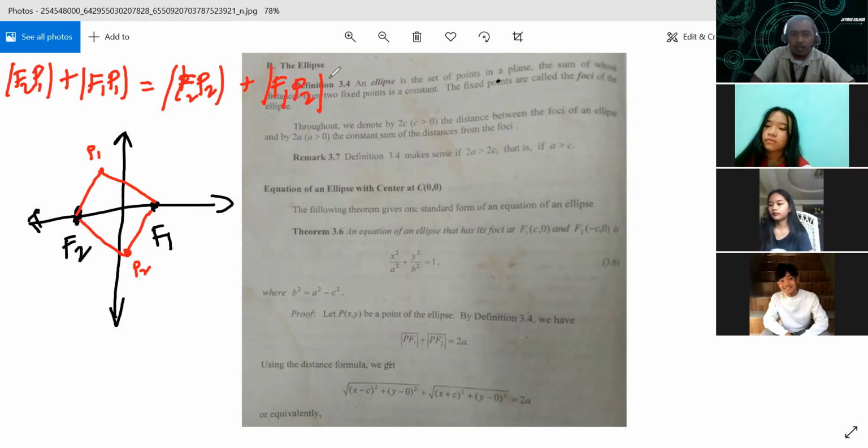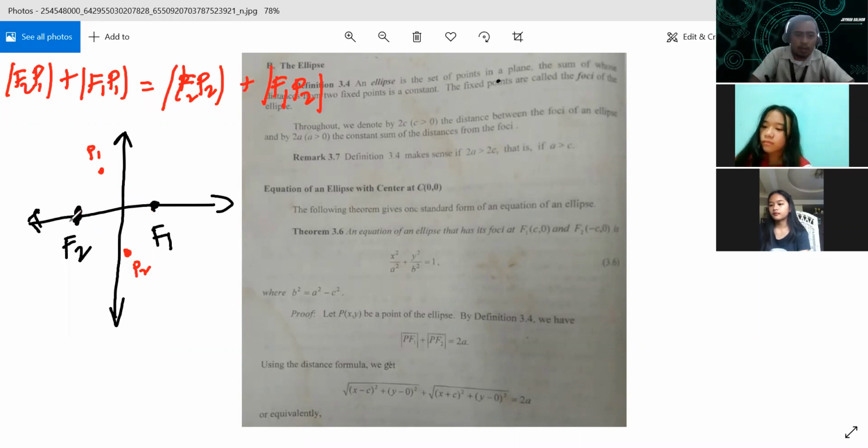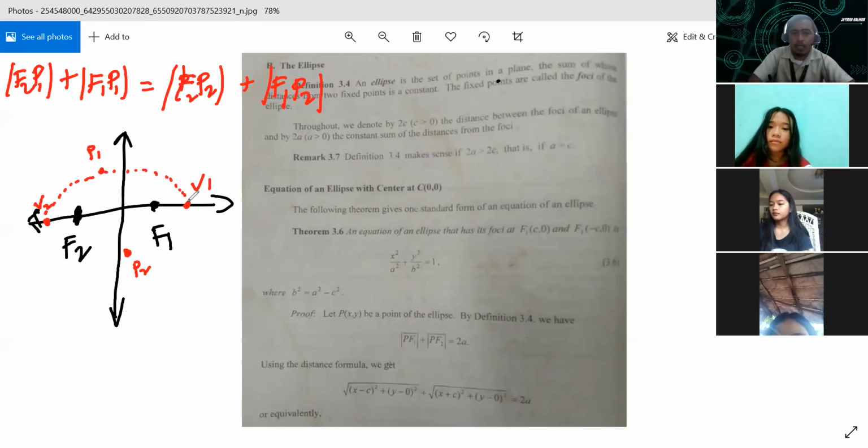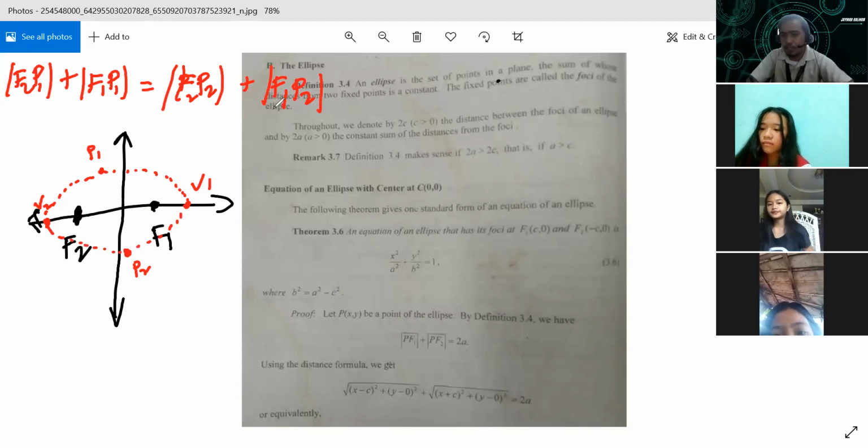Again, this portion here is just referring to the distance. If you collect all of those points, you may have another point here. We call it vertex 2. Here is vertex 1. If you collect all of these points, you can create a form like this, and we call it an ellipse.